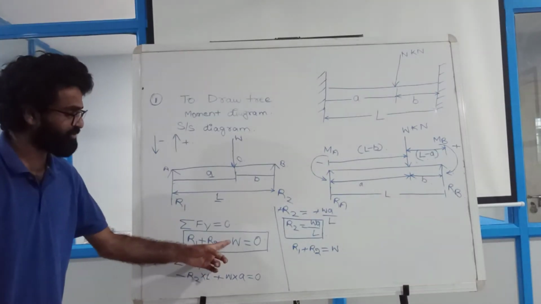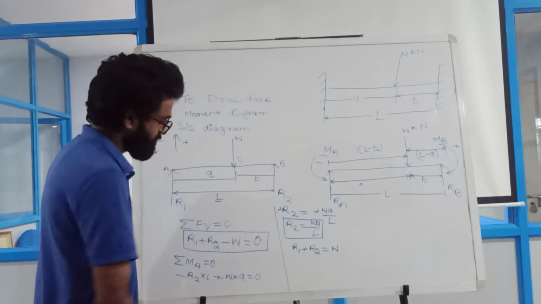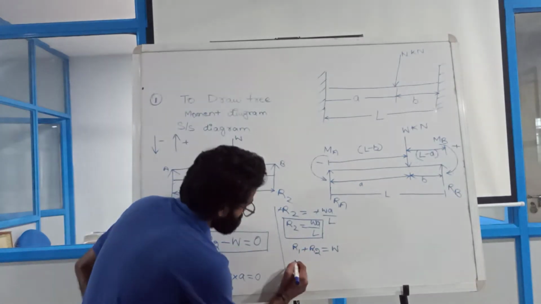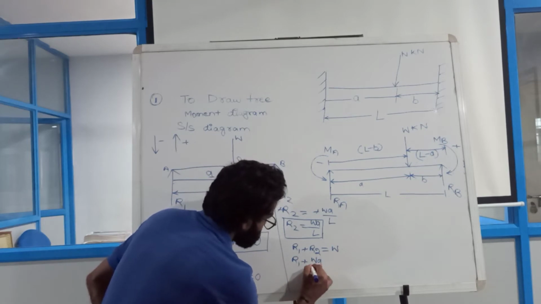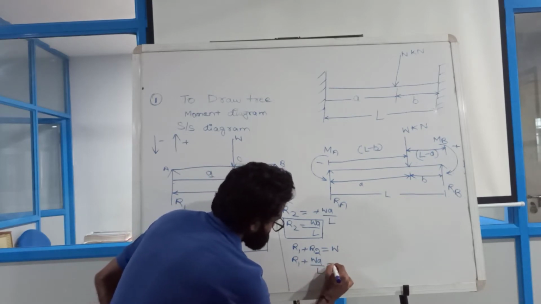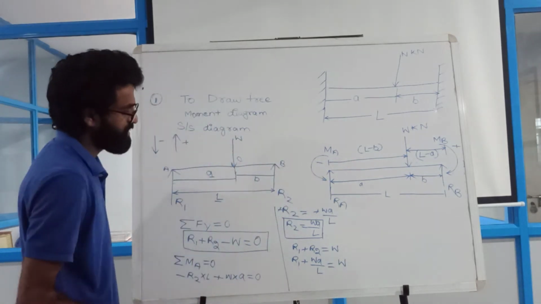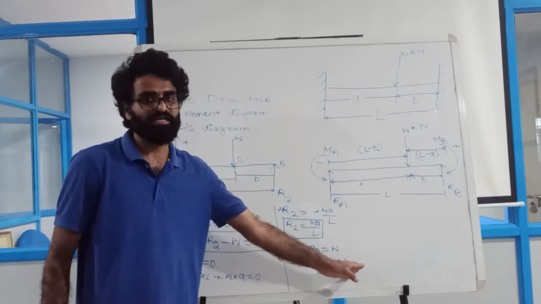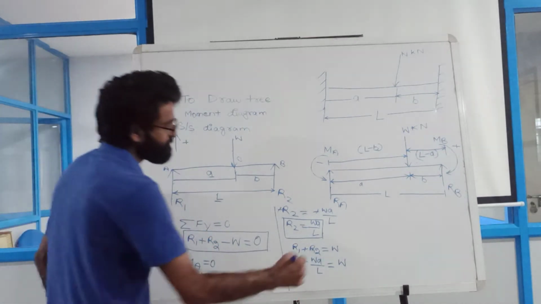It is minus W, so it goes to the right hand side and becomes positive. So let us put the R2 value: R1 plus W a divided by L is equal to W. I will take this to the other side as well, then I can have the R1 value. So let us do it.